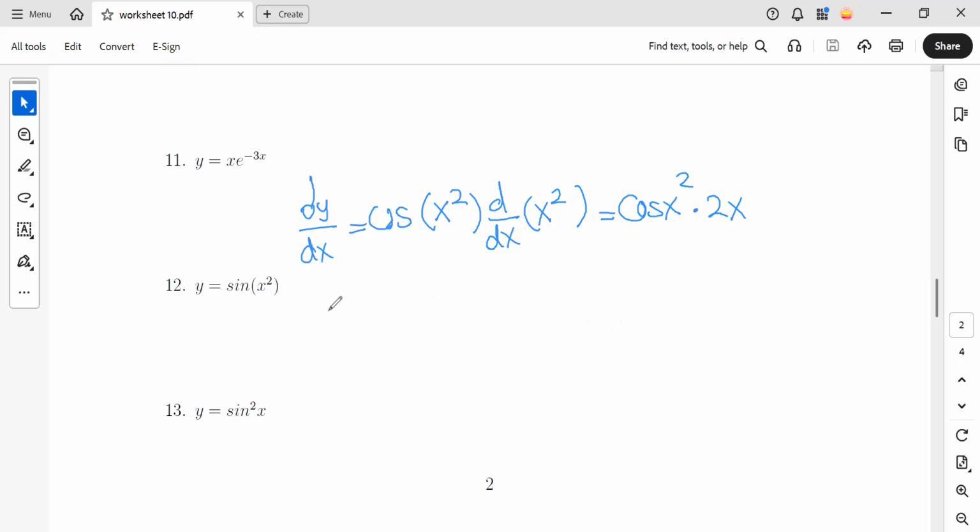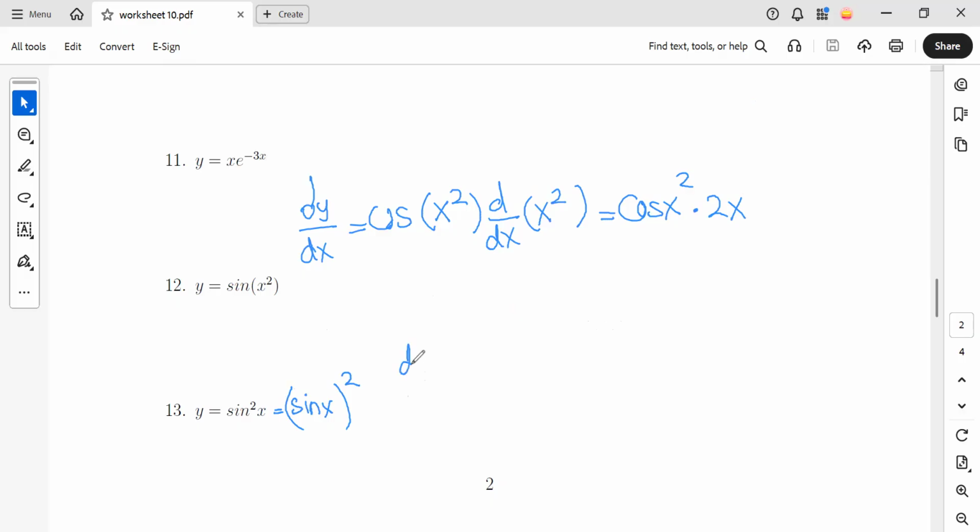But number 13 is sine of x to the power 2. This one is not sine as the overall function. It is a power function. So for finding the derivative here, we would consider it as a power function.